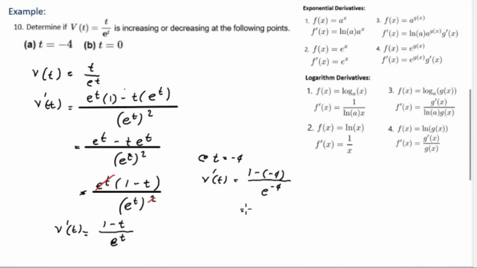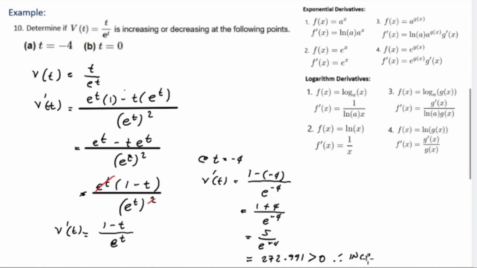This will be 1 plus 4 divided by e to the negative 4, or 5 over e to the negative 4. Based on our calculator, the value is 272.991, which is greater than 0, and the function is increasing at t equal to negative 4.